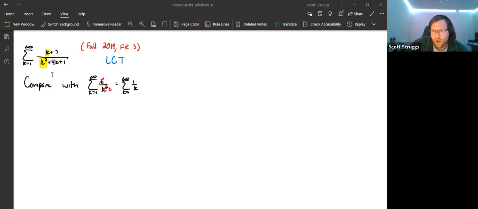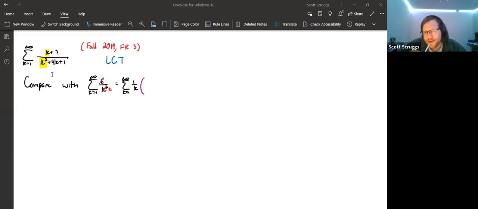And so before we go any further, one thing that I like to do now is check to see if the series I'm comparing with, I know converges or I know diverges. So if I took the highest order term of my numerator and the highest order term of my denominator, I got a series with 1 over k.